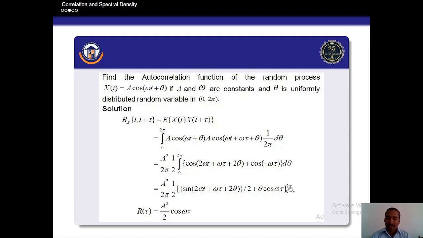Then apply the limits 0 to 2 pi. Applying the upper limit, the first term is sine(2 omega t plus omega tau plus 2 times 2 pi), minus the lower limit, sine(2 omega t plus omega tau plus 0).